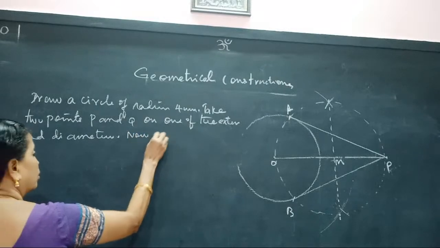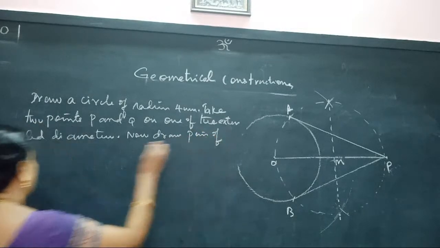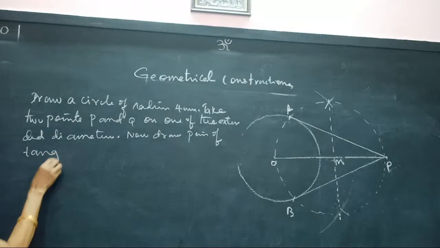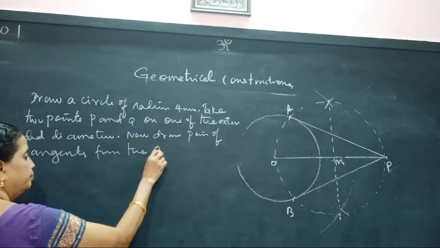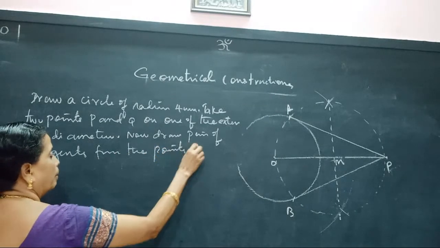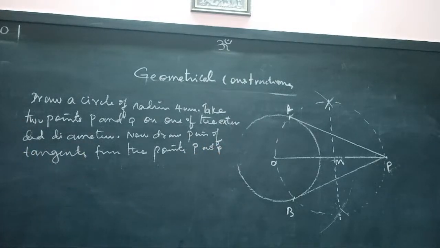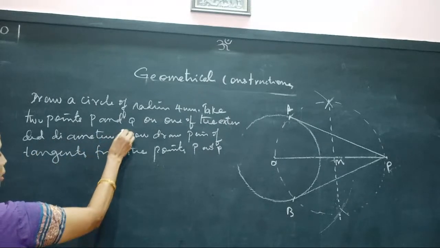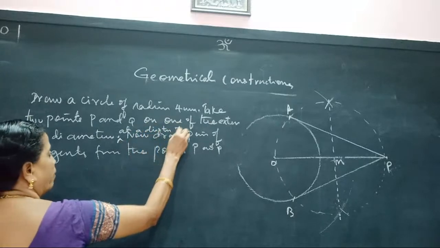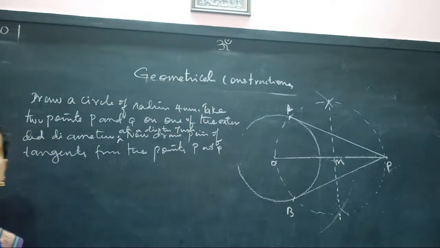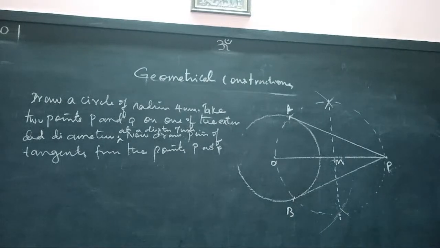Now draw a pair of tangents from the points P and Q. Take 2 points on one of the extended diameter at a distance 7 centimeter. Now take the question completely and show the construction method.